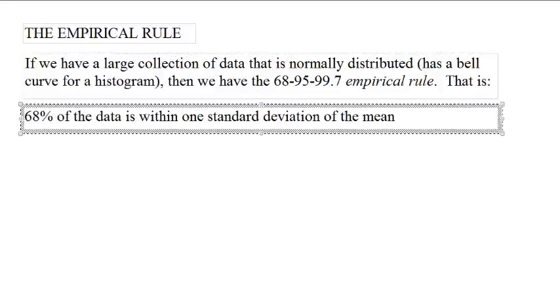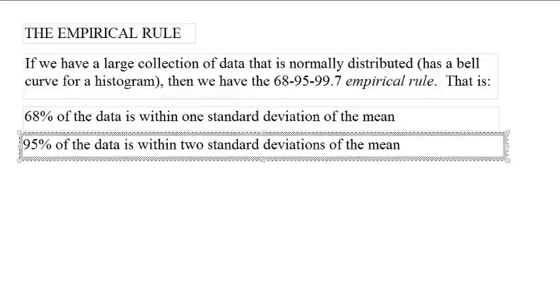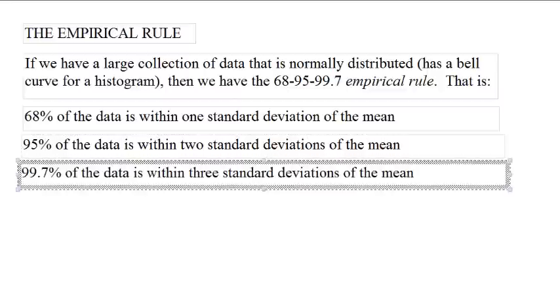That is, 68% of the data is within one standard deviation of the mean, plus or minus a standard deviation, as we talked about in the last video. 95% of that data is within two standard deviations of the mean, up 2 standard deviations or down 2 standard deviations. And 99.7% of the data is within 3 standard deviations of the mean. These are very popular numbers in statistics. You will see 99.7% or 95% or 68% a lot of the time.